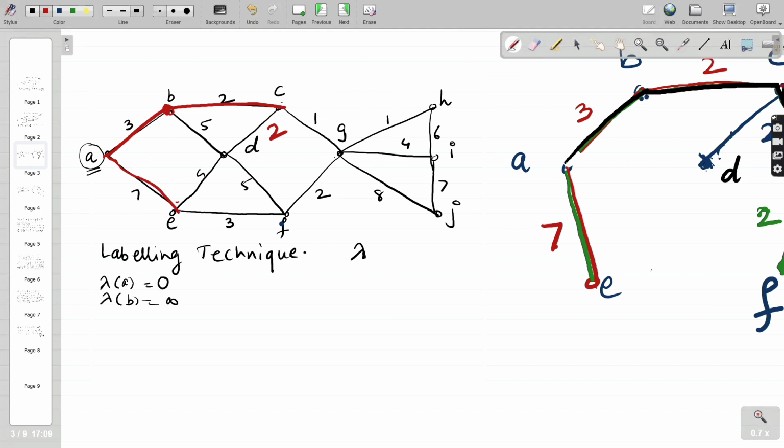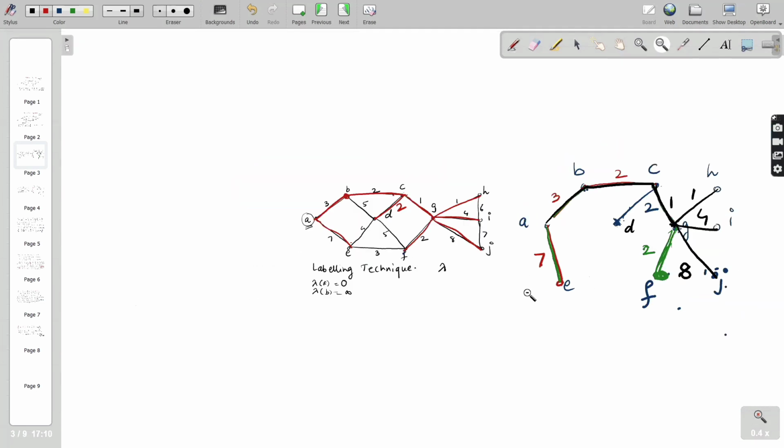Then A to D, the shortest path is 3, A to B, B to C and C to D, with 7 distance. Then A to F, it is via G. So these red lines, if you see, this is the graph of the shortest distance.